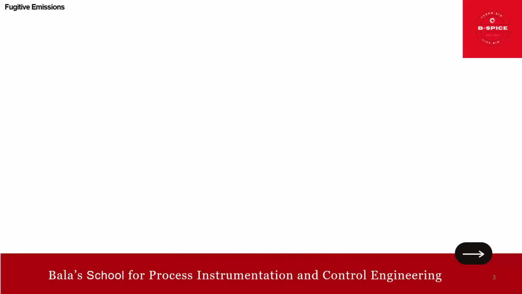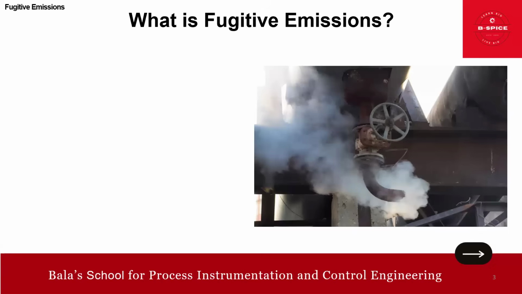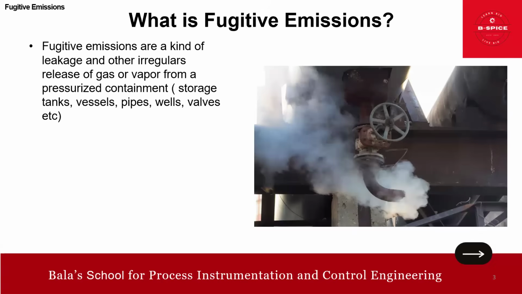Okay. Let's get started. So what is fugitive emission? Fugitive emission is a kind of leakage, as you can see here, it's getting leaked, right? It is an irregular release of gas or vapor from a pressurized containment. Could be a valve, could be a storage vessel, could be a pipe or valve, wells, whatever it is.